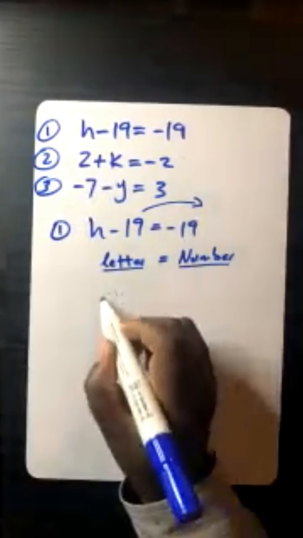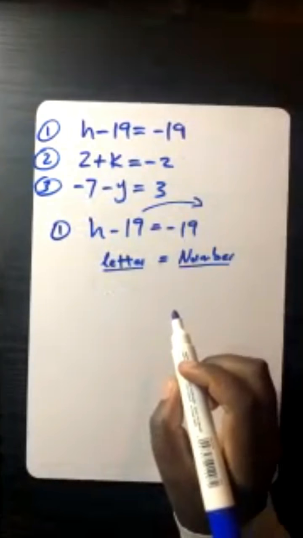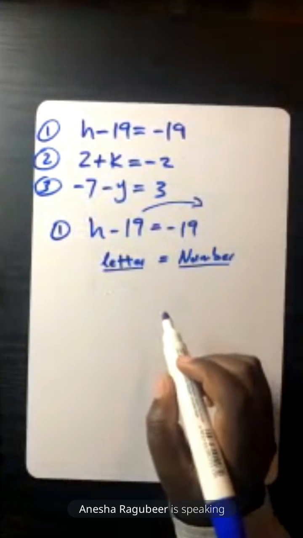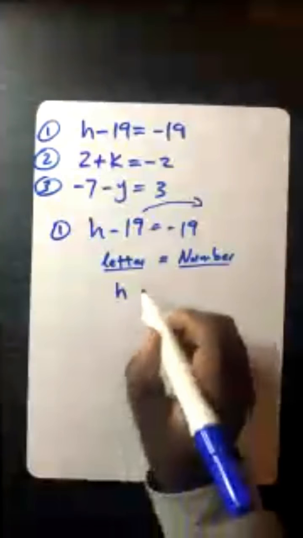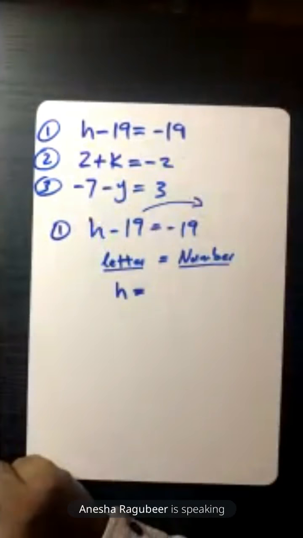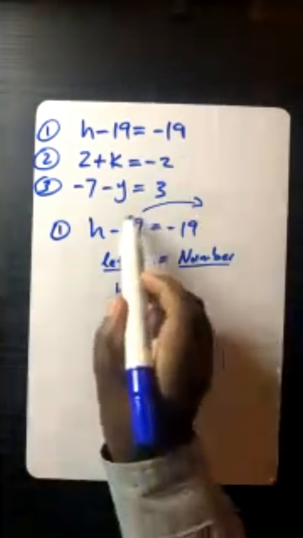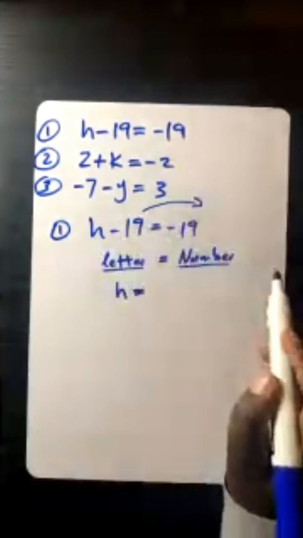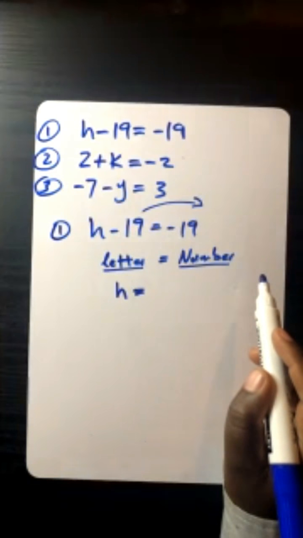What does it mean? What do I write on the left? So you have to write h equals to negative 19. Which negative 19? Is it that one or this one? The one after the equal sign.